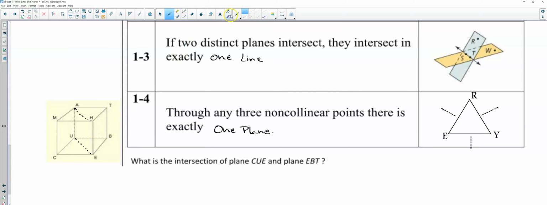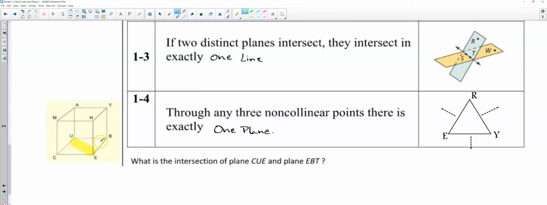Okay, so let me erase that and let's go to this question that is here. What is the intersection of plane CUE and plane EBT? So let's look for plane CUE, and I'm going to highlight it so we could see it better. C, U, and E is this bottom floor.